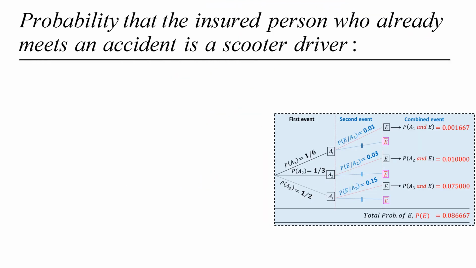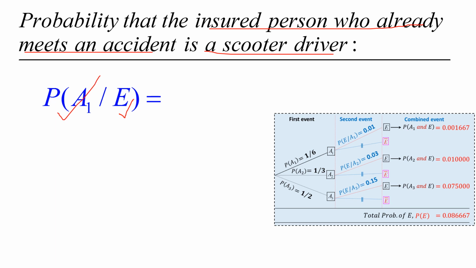So, the probability that the insured person who already meets an accident is a scooter driver. How can we write this information? Here, insured person who already meets an accident, so meeting accident is the first event. E means first event. And he is a scooter driver, scooter driver means A1. So we write like this: P stands for probability, A1 means scooter driver, and given that accident has already happened.